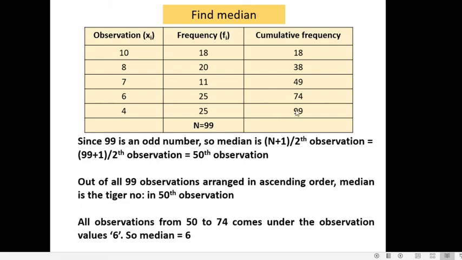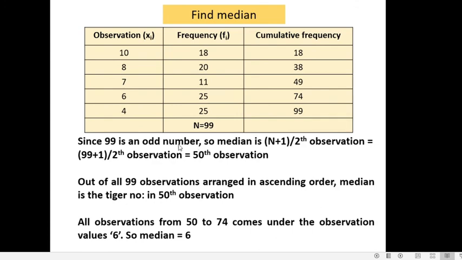So here, unlike mean, there is no need of multiplying the observation value with the value of the frequency. We are just arranging the observations in the ascending or the descending order, and we are only finding out the cumulative frequency. So there are 99 observations.